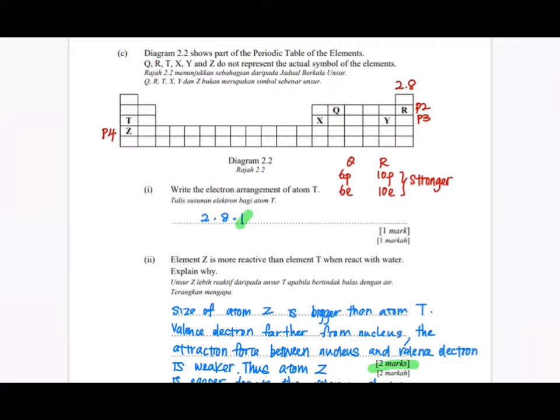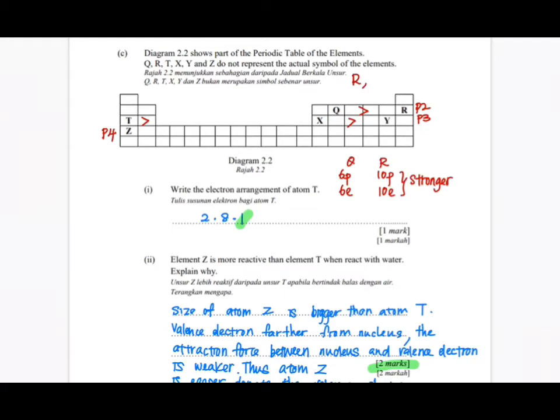Okay, now we can conclude. Atom Q is bigger than R. In period 3, T is bigger than S, bigger than Y. And the last one is Z. So now we arrange in ascending order.